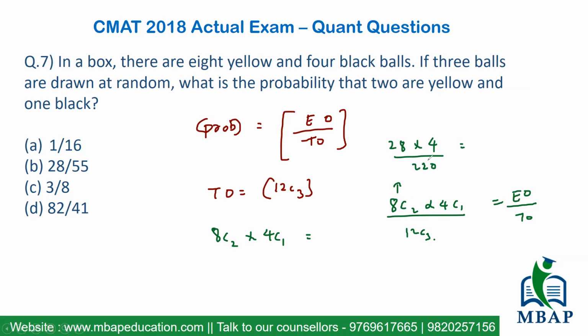So it is 28 into 4 divided by 220. If you see which option corresponds to the expression we have found, it's going to become 28 upon 55 as the final answer.